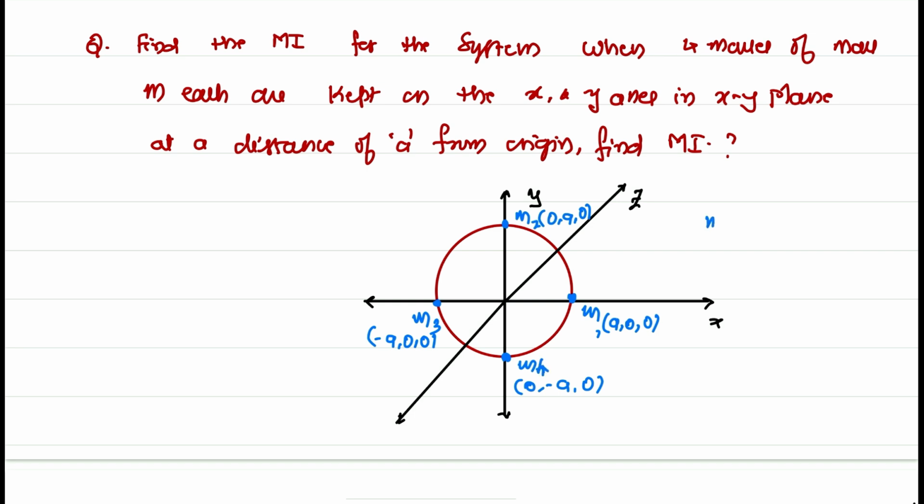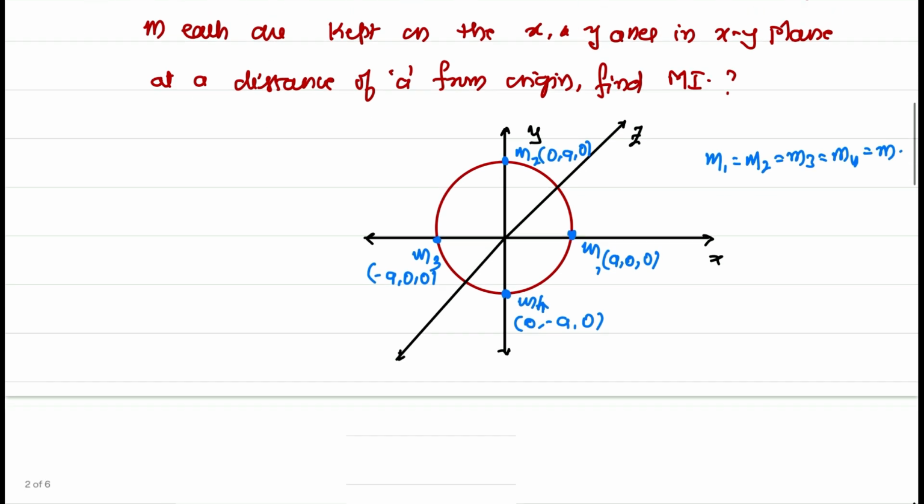Here it is given that m1 is equal to m2 is equal to m3 is equal to m4 is equal to m. That is also given in the problem. Now, let's go for the solution.